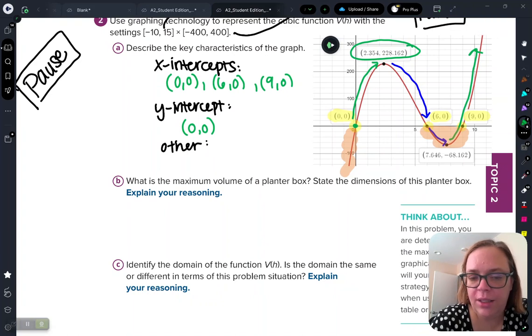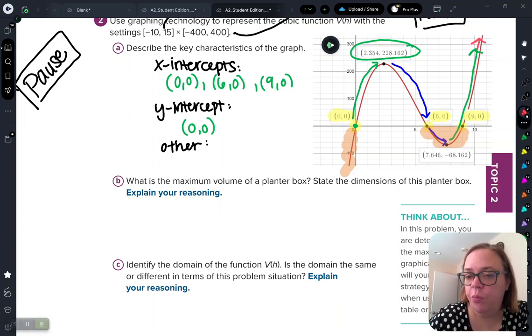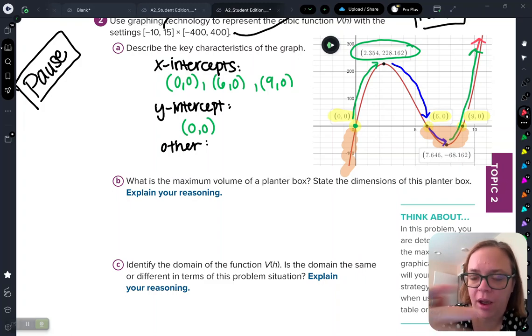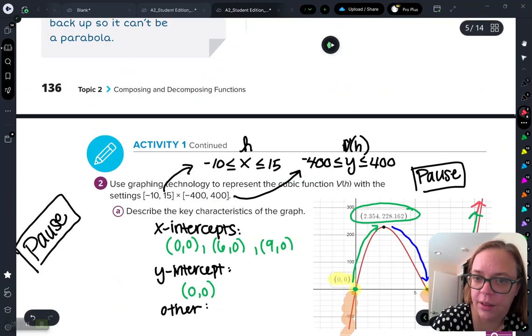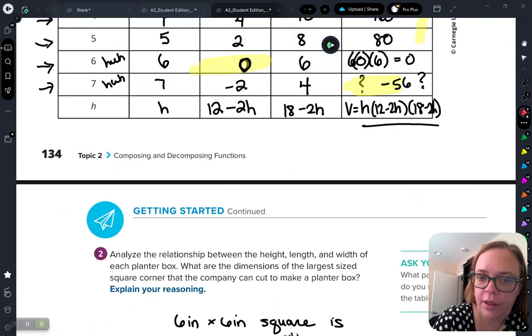B, what is the maximum volume of the planter box? So the maximum volume is going to be the highest point on the graph. That makes sense. So if you're not careful, you can go like, oh, well, it's going to go up and up and up, isn't it? But remember that the largest h could be was 6, right? Because we would cut out that square, the two squares, and there wouldn't be anything left.